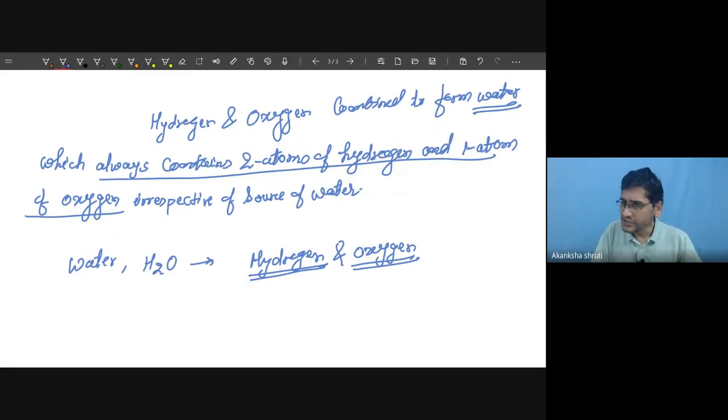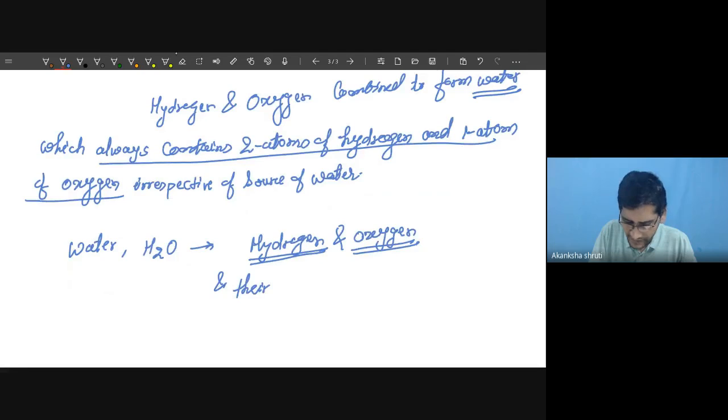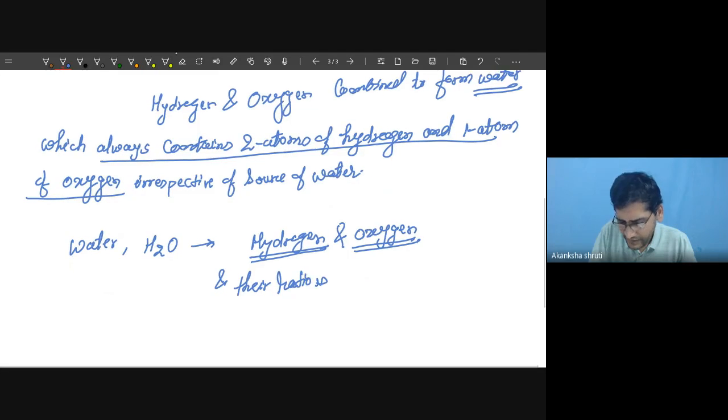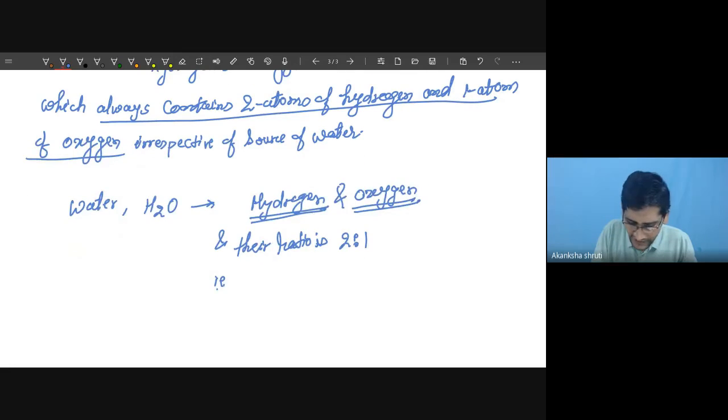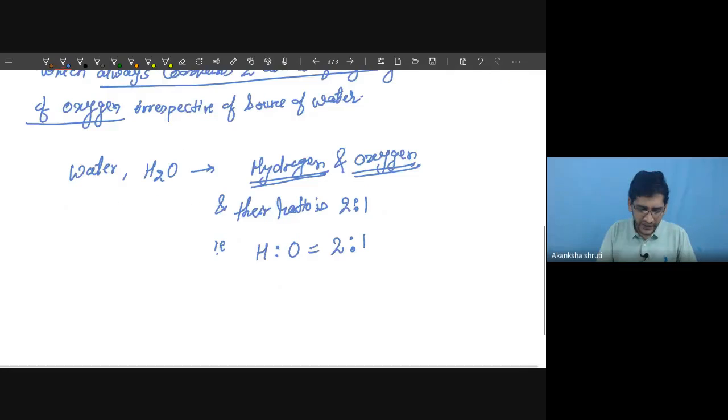And this hydrogen and oxygen will be present in a fixed ratio only, and their ratio is 2:1. That is, the number of hydrogen atoms to the number of oxygen atoms is always 2 to 1. So water always contains 2 hydrogen atoms and 1 oxygen atom. Nothing below the oxygen means it is 1.